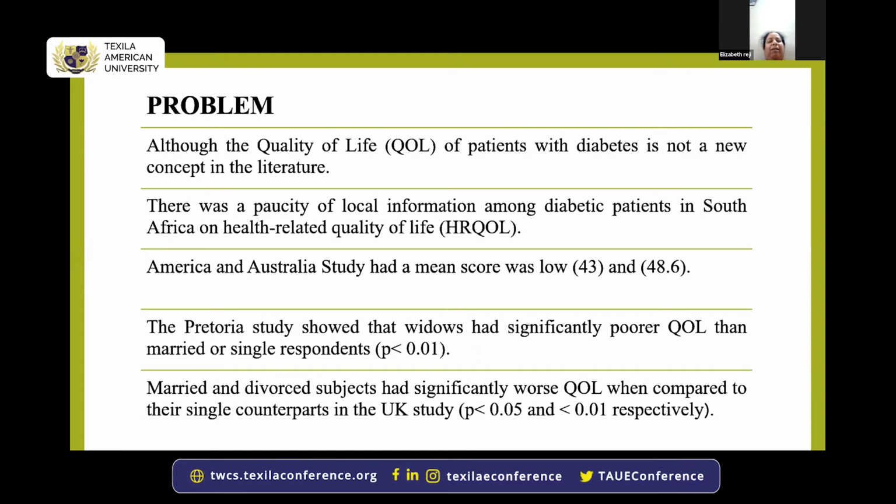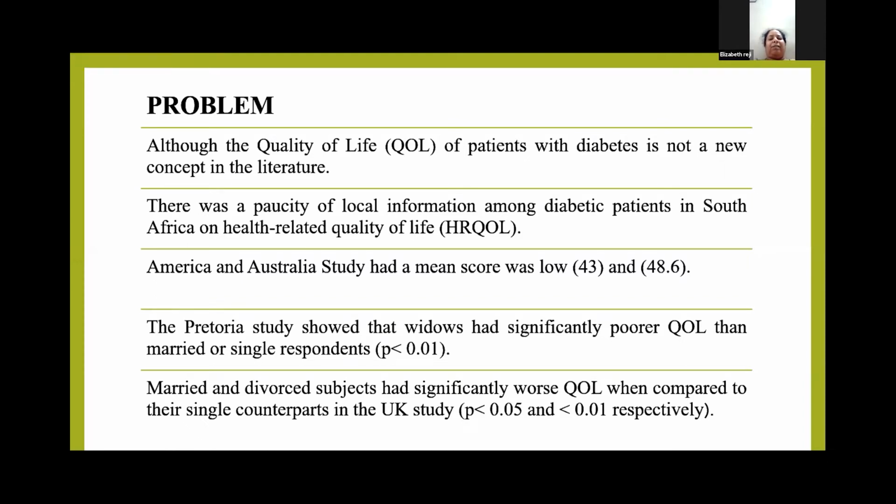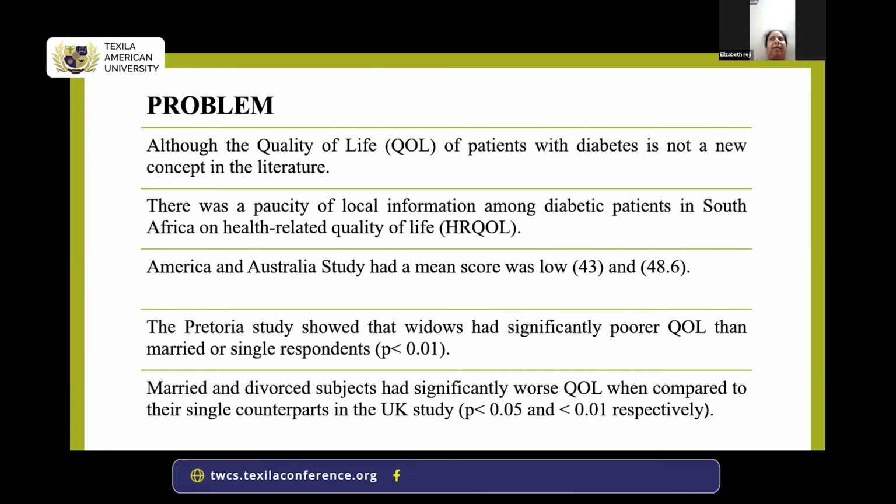Problem: although the quality of life of patients is not a new concept, there is a paucity of local information among diabetics in South Africa on health-related quality of life. American and Australian studies have shown that the mean score of quality of life was low, at 43 and 48.6 on the physical component summary.